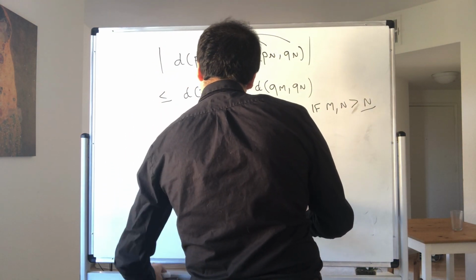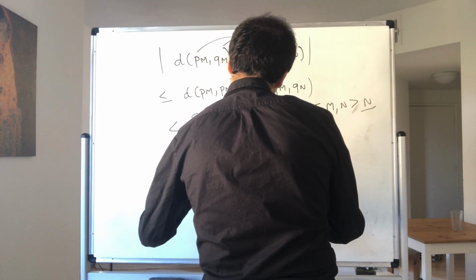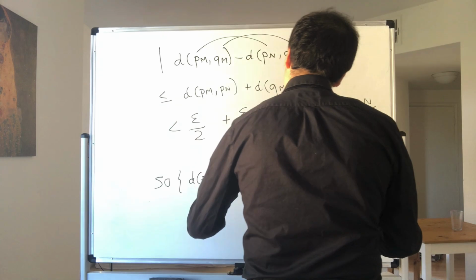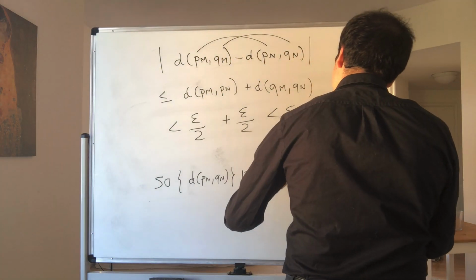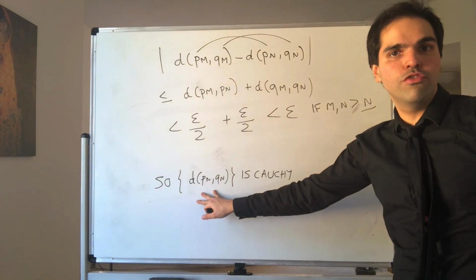So this thing, the sequence of distances, is Cauchy. But careful, it's not just Cauchy in S. This is a sequence of real numbers.